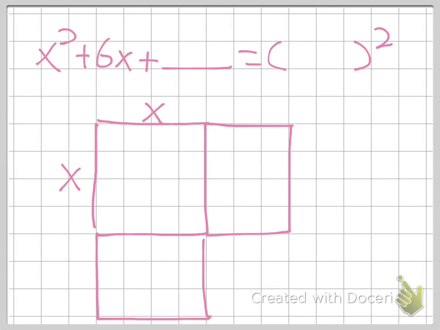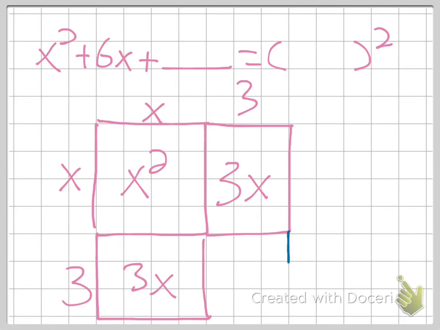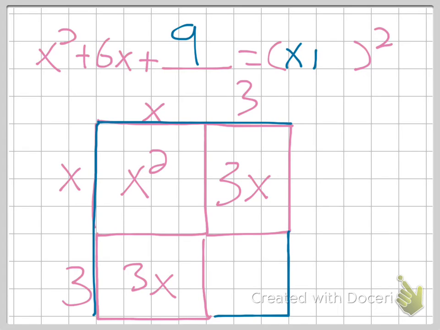So this is 3 and 3. This gives me x squared. This is 3x. And this is 3x. So literally, I want to complete the square. So if I had a 3 by 3 square with an area of 9, that would allow me to have a square with sides x plus 3.